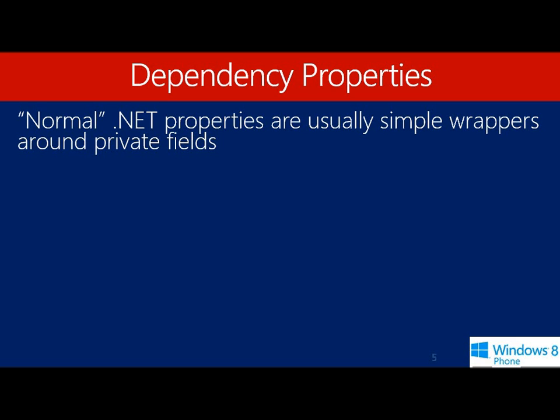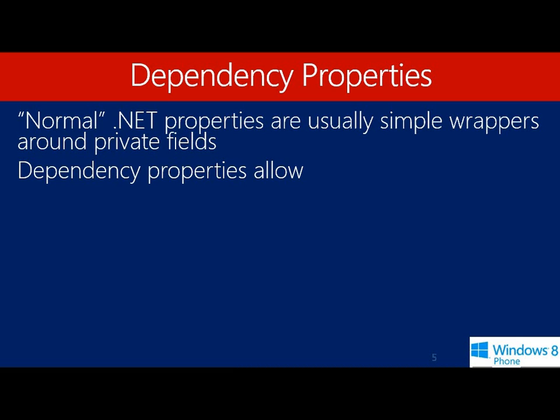One thing that's missing is change notifications. That means that if a property changes, nobody knows about that. So nobody can do anything about that, such as data bind to some other property to change when that source property changes. So dependency properties is a kind of infrastructure that provides extra abilities for properties. That means they're not wrappers around fields, not at all.